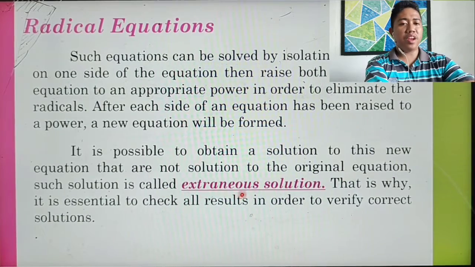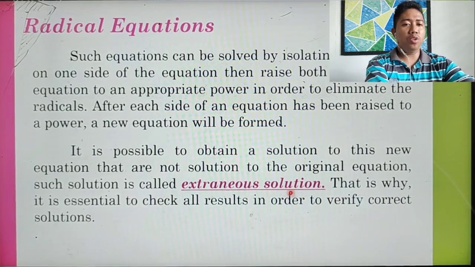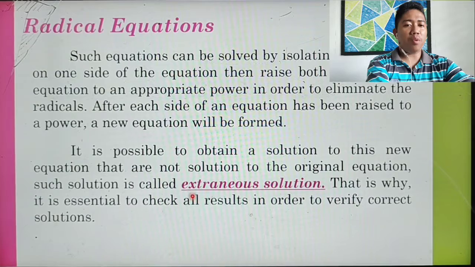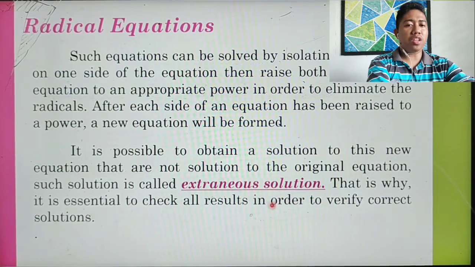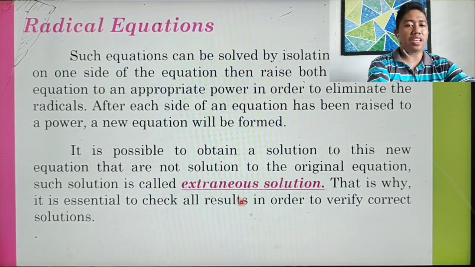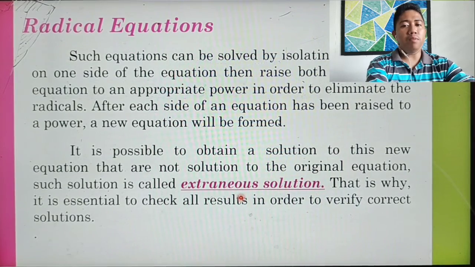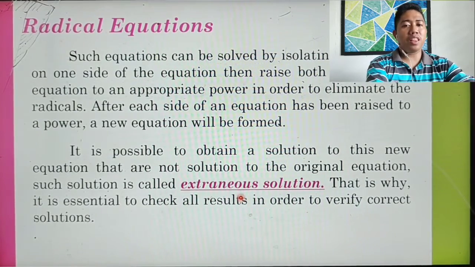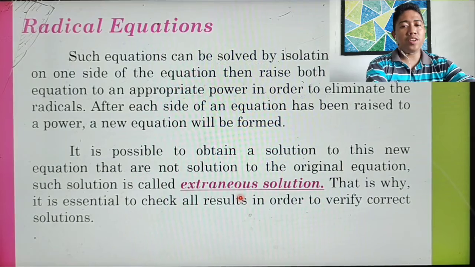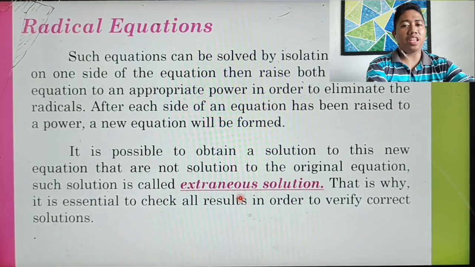An extraneous solution is a root that cannot be part of the original equation, which makes both sides of the equation false. Meaning, when you substitute the given value of the variable, both sides of the equation are not equal. So that is an extraneous solution.